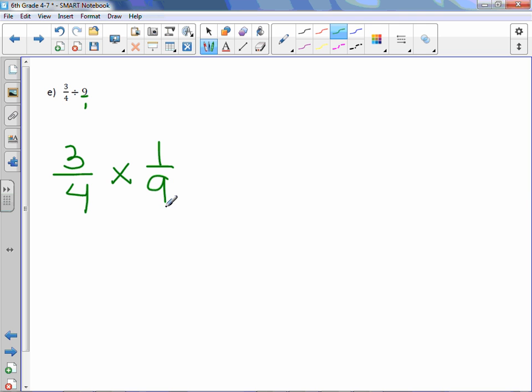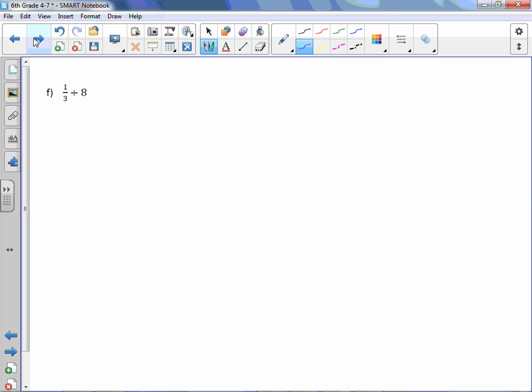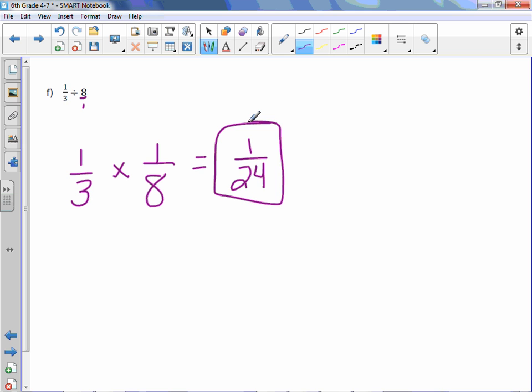I will multiply by the reciprocal, and you would get 3 over 36, which you can then divide by 3, and you get 1 over 12. Letter F, put your 8 over 1. I will not divide. I will multiply by the reciprocal, and we get 1 over 24.